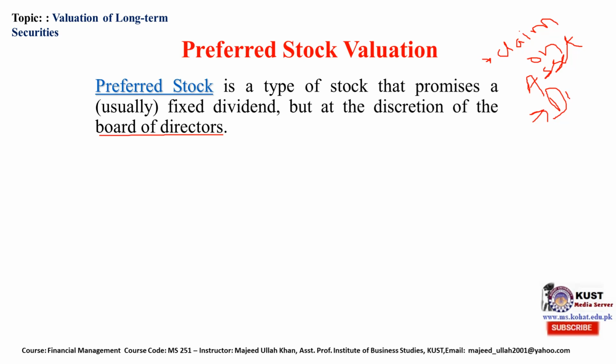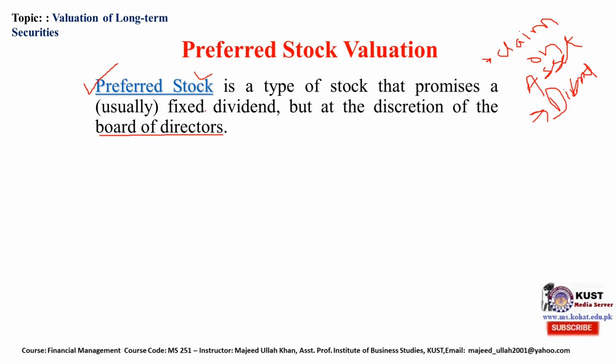What it means by claim on assets: if the company becomes bankrupt and is liquidated, and the assets are sold by the liquidator, first they will settle the claim of the preferred shareholders, and then the common shareholders come to the residual amount of the company. The preferred stockholders are given preference in liquidation to settle their claim first, just prior to the common shareholders.